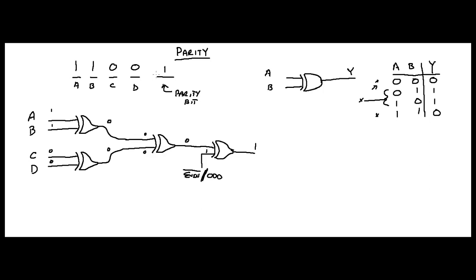Now, the thing is, once you generate the parity bit and you transmit it, you're going to receive it, right? The receiver has to go through the exact same method to generate a parity bit from these 4 bits, and then check the parity bit that it generated with the parity bit that was sent, okay?